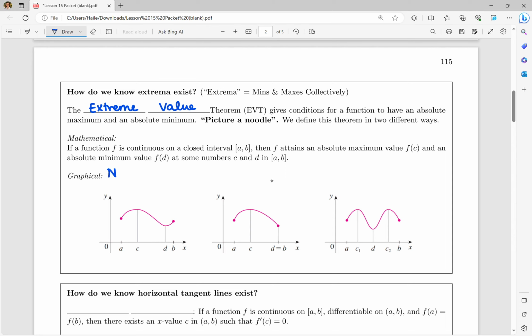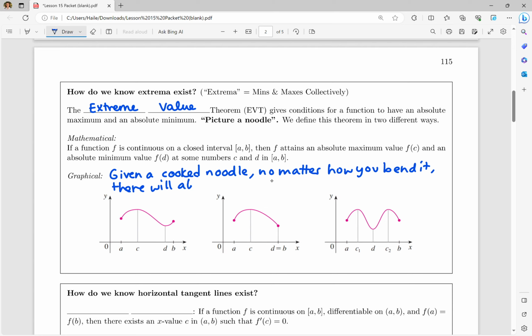Given a cooked noodle, no matter how you bend it, there will always be a max and a min.